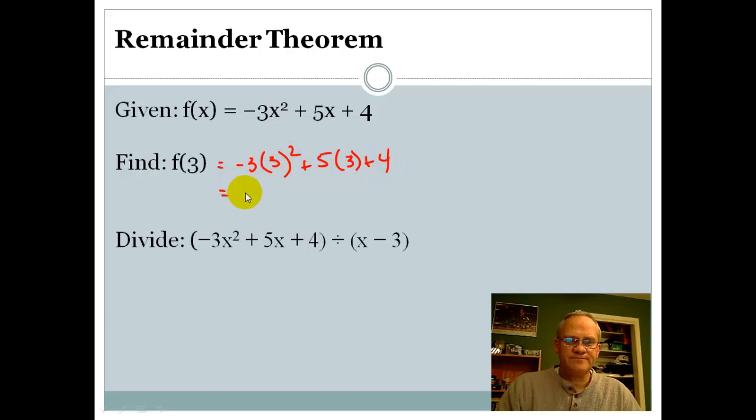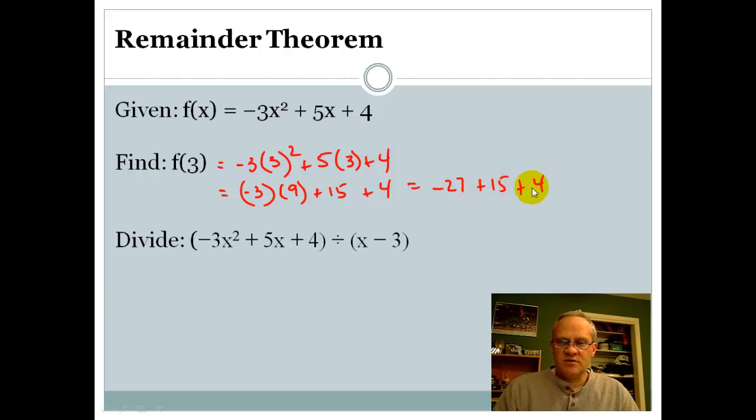3 squared is 9. 5 times 3 is 15. And then we get here that this is negative 27 plus 15 plus 4.